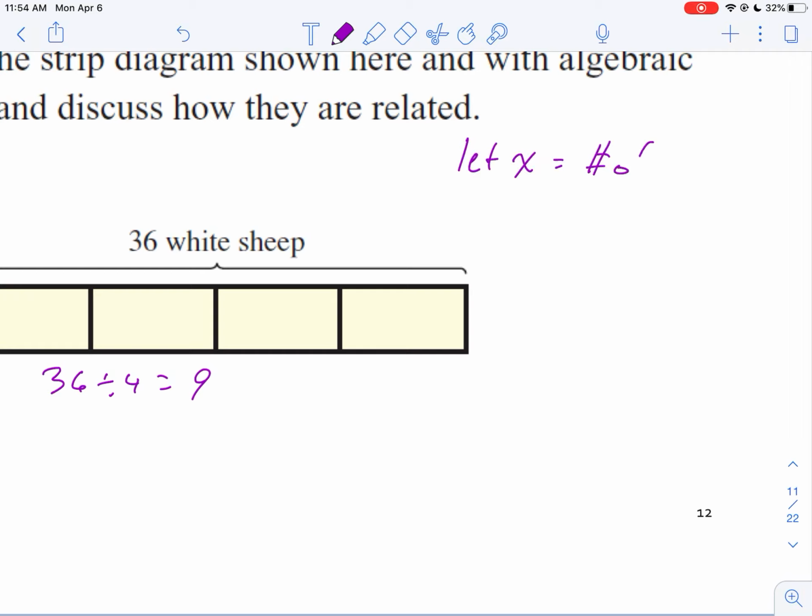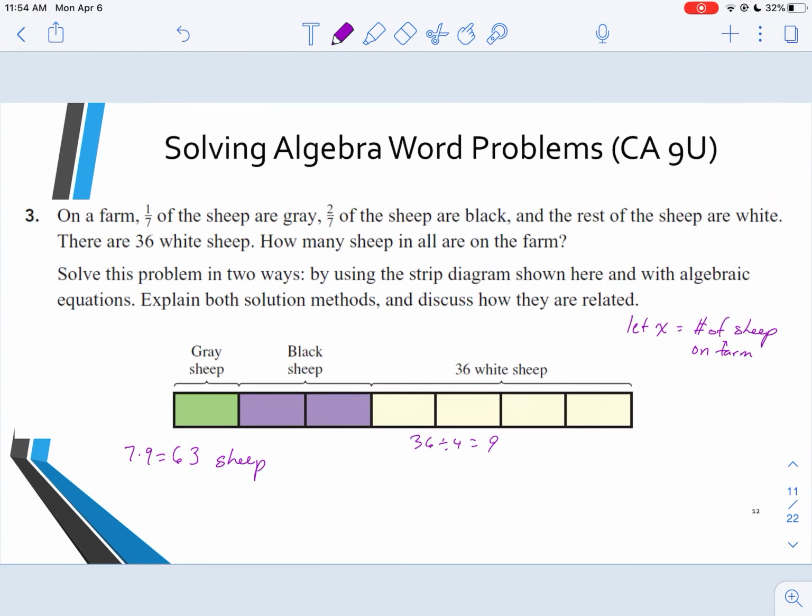So I'm going to let x equal the number of sheep on the farm. We know that 1/7 of x are gray.